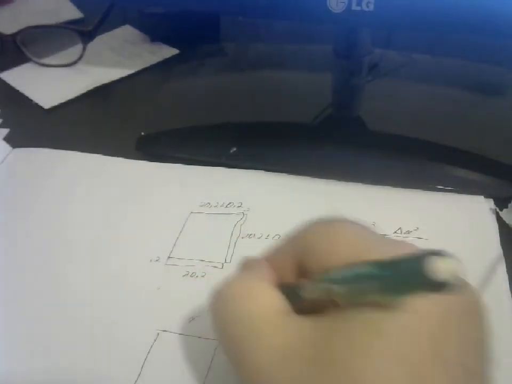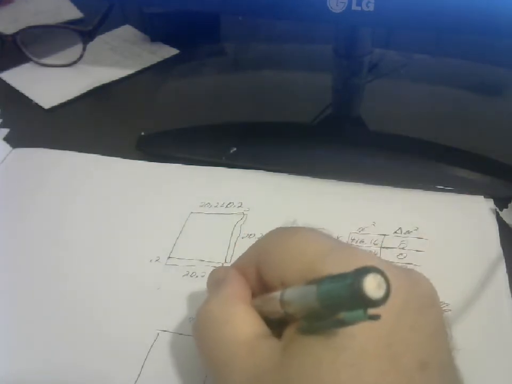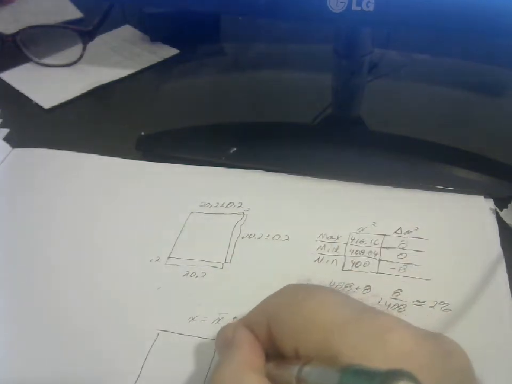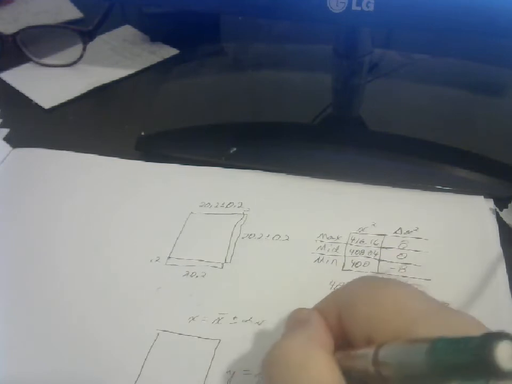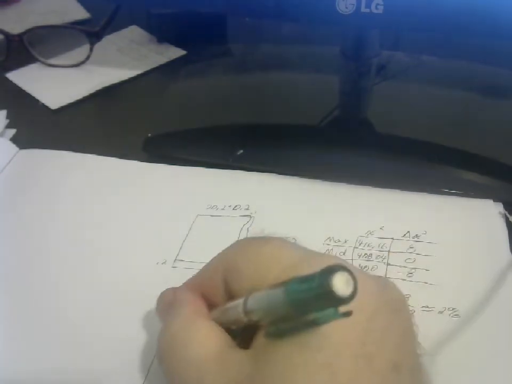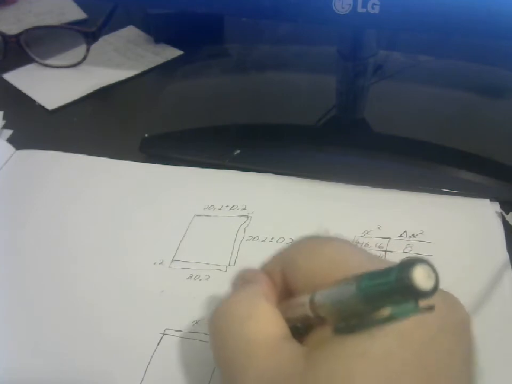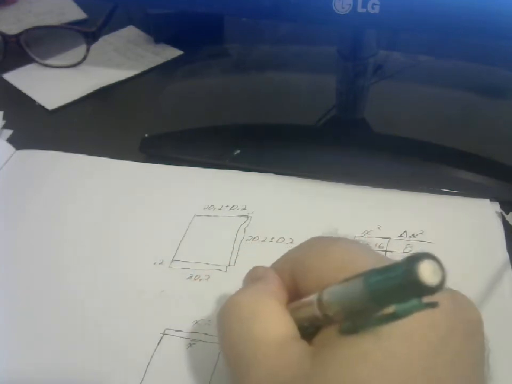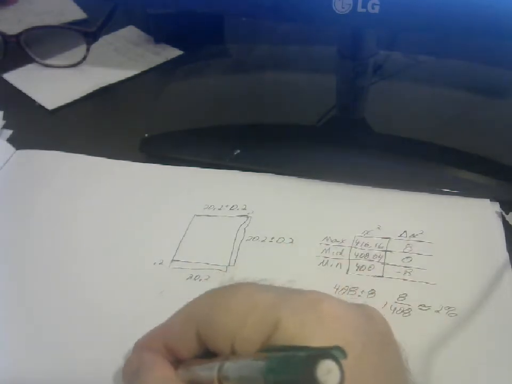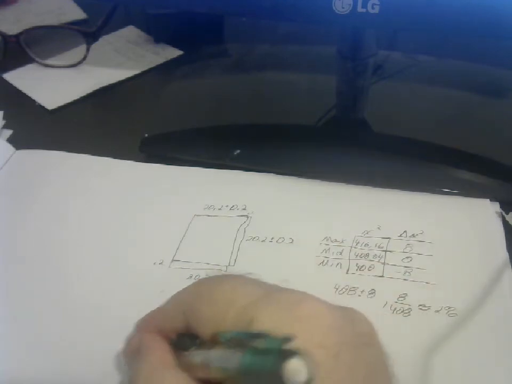I talked about x equals x bar plus or minus alpha sub x, and y equals y bar plus or minus alpha sub y. In that case, we thought of this as a rectangle being x bar across and alpha sub y tall, and this being a rectangle of alpha sub x across and y bar tall.